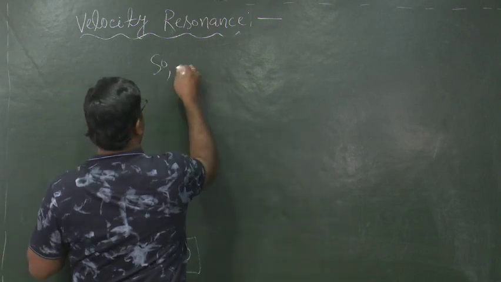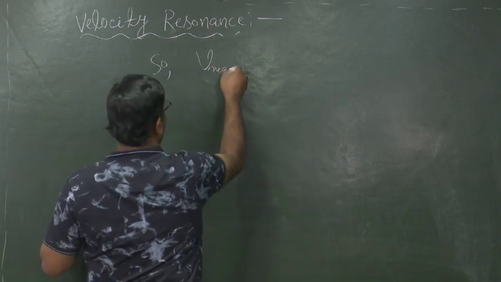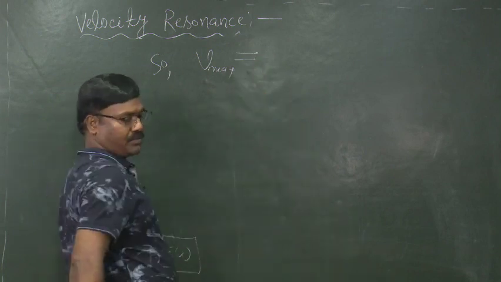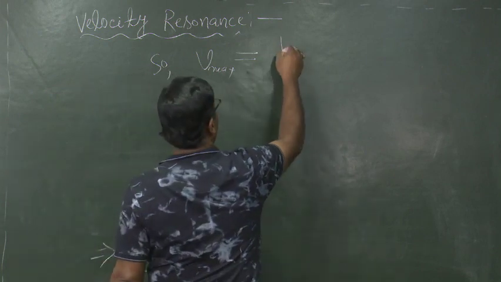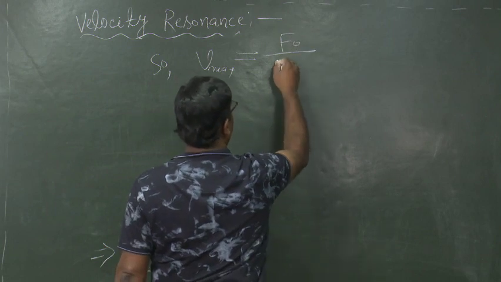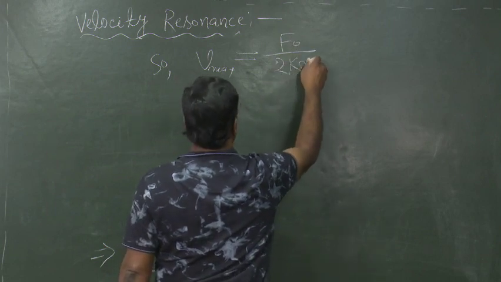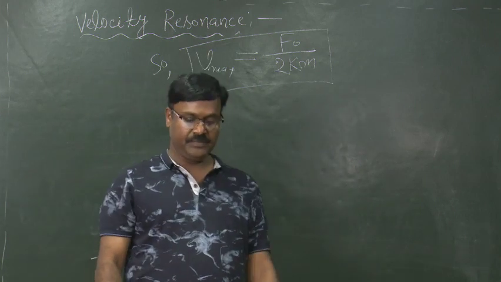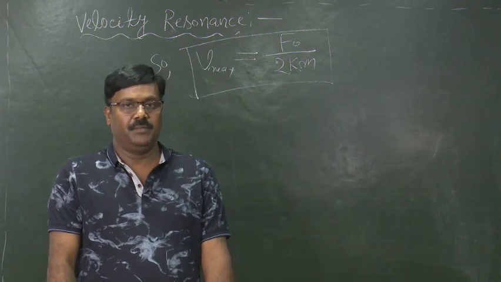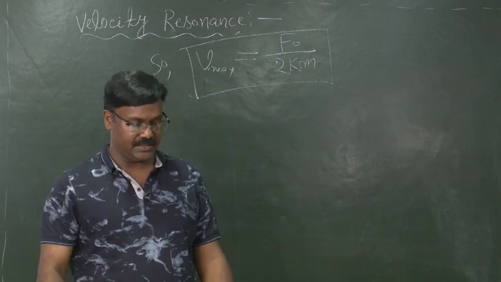So, V max is equal to F0 divided by 2 km. This is velocity resonance.